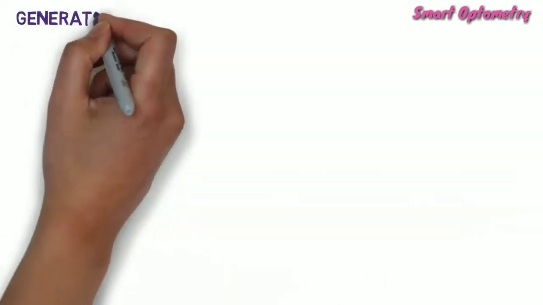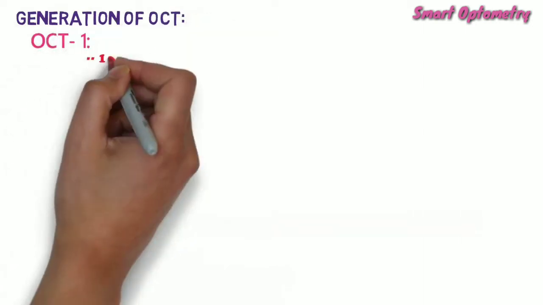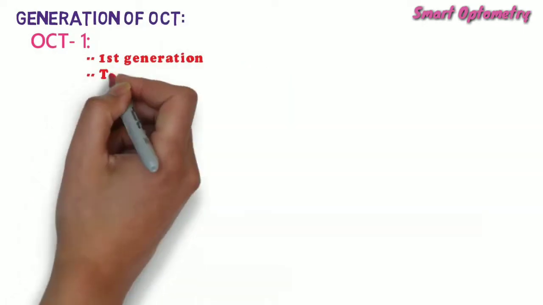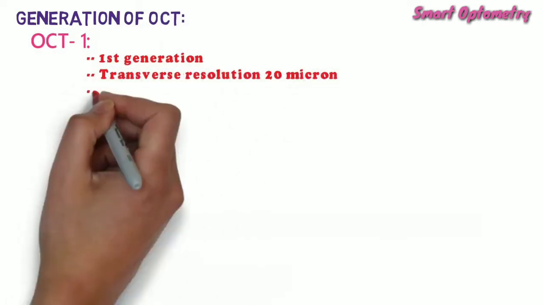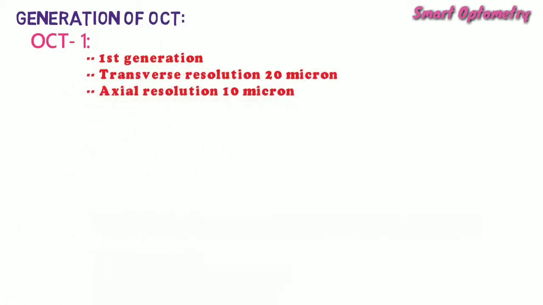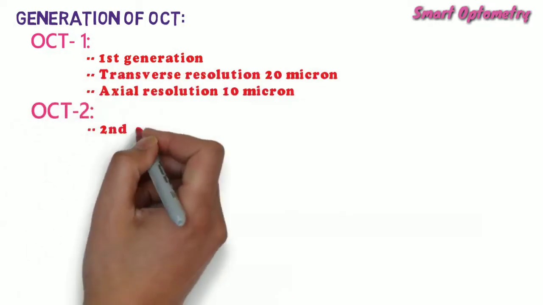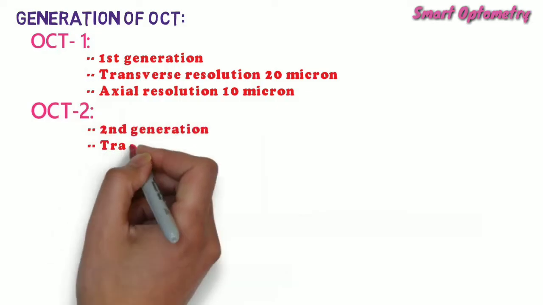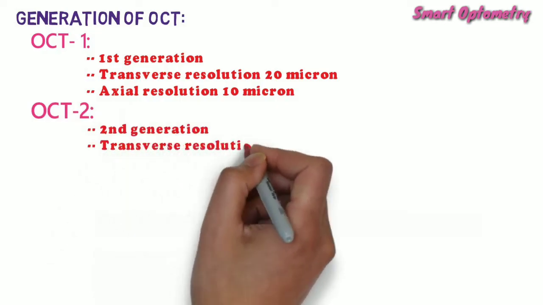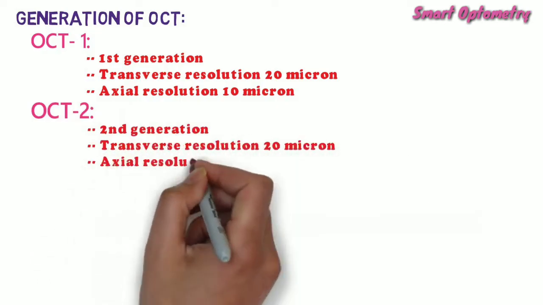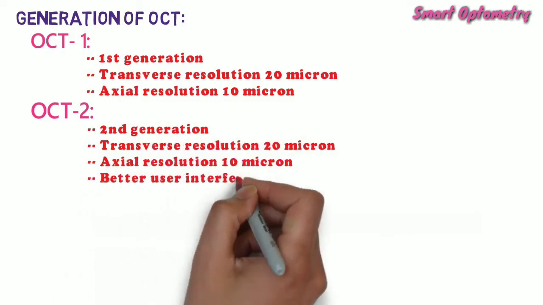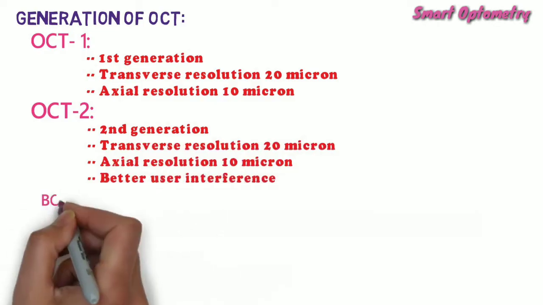Now let's study about the generation of OCT. OCT 1, this is first generation, transverse resolution is 20 micron, axial resolution is 10 micron. OCT 2, this is second generation, transverse resolution 20 micron, axial resolution 10 micron, and these have better user interface.